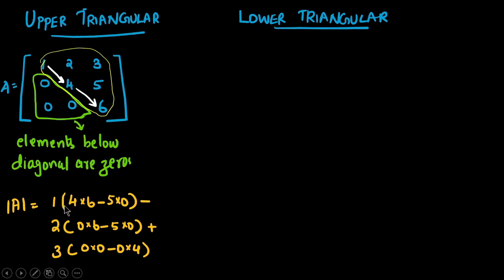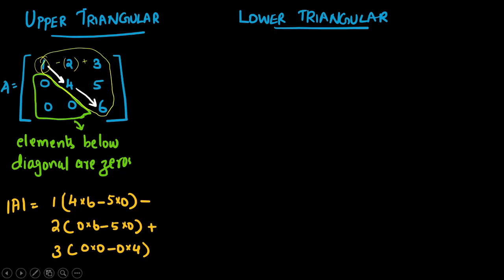The determinant of A is found as follows. You take 1 into its cofactor matrix, 4 into 6 minus 0 into 5. Then minus 2 into its cofactor matrix, 0 into 6 minus 0 into 5, plus 3 into 0 into 0 minus 0 into 4.